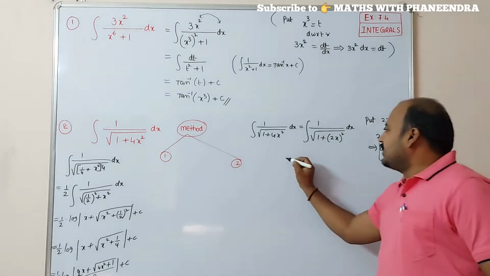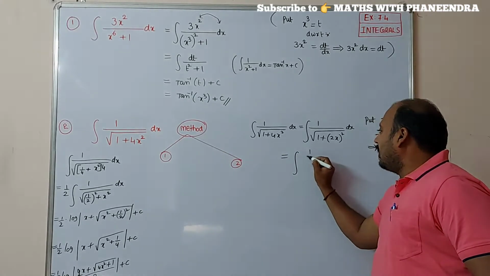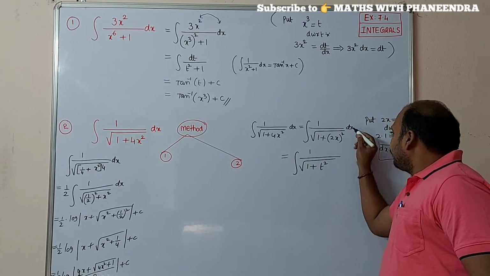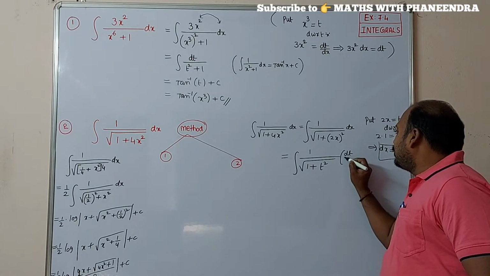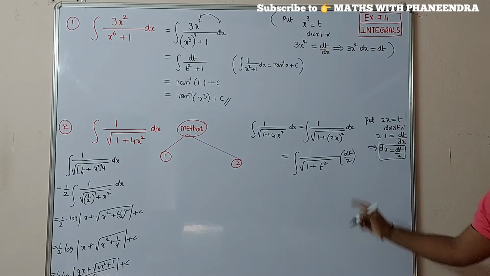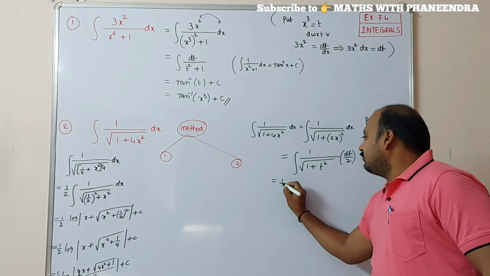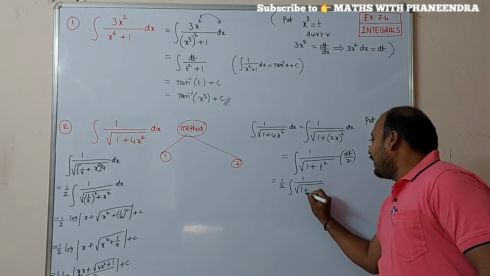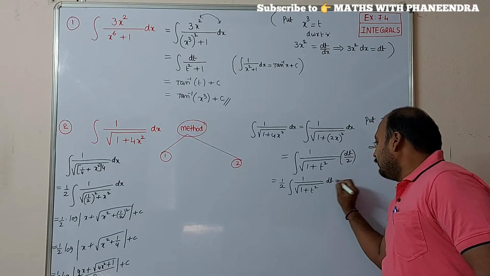So the given integral will become integral 1 by square root of 1 plus t square, dx value is dt by 2. So the constant 1 by 2 we can take out: integral 1 by square root of 1 plus t square into dt.